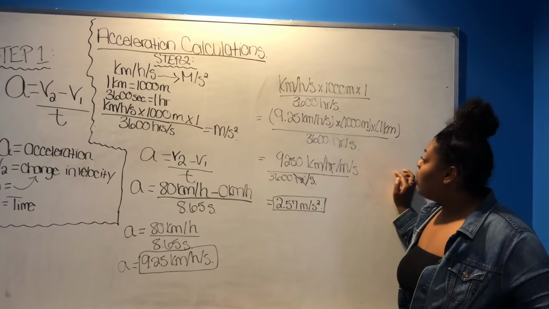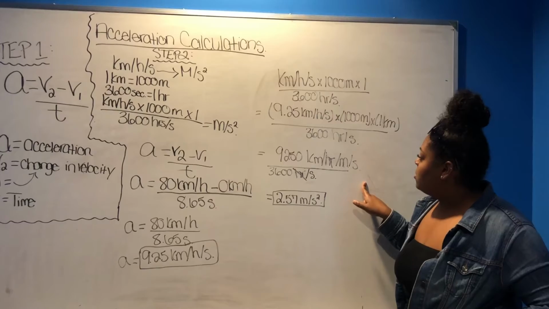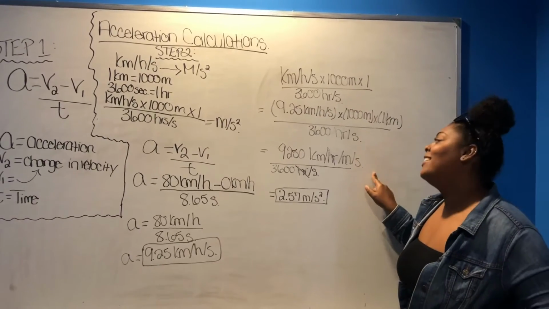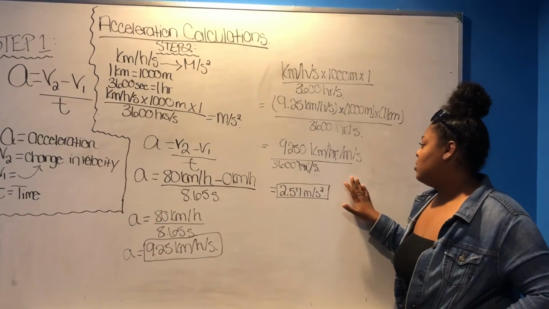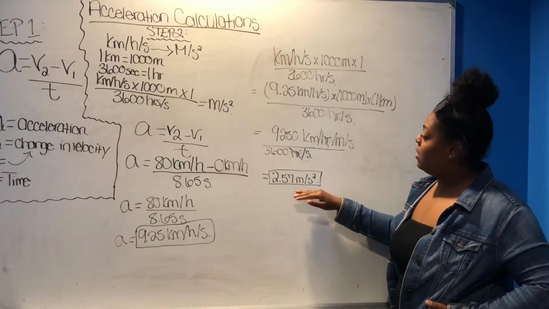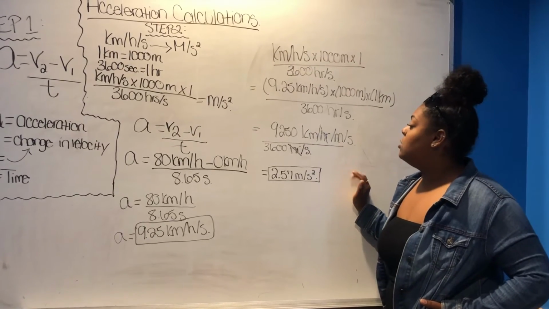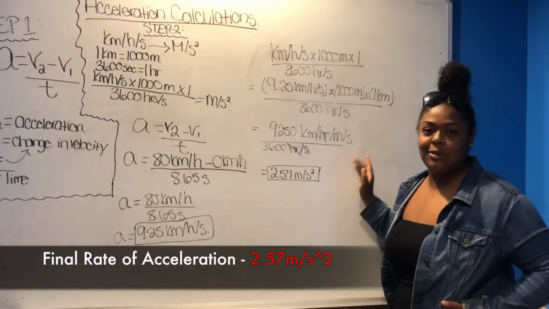That'll cancel out as well. Then we have 9,250 kilometers per hour per second divided by 3,600, but those all cancel out, leaving us with meters per second squared. In my case, my acceleration happened to be 2.57 meters per second squared.